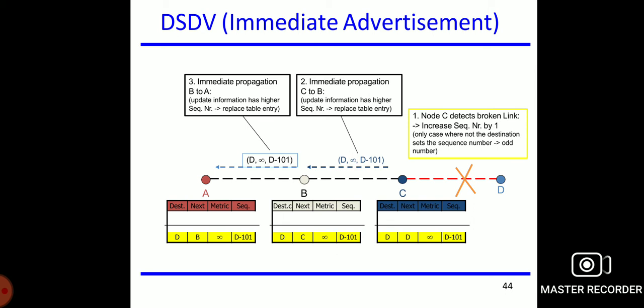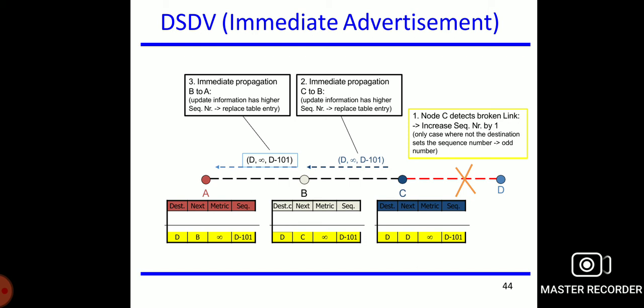Now, what is damping fluctuations? How to dampen them? Record the last and average settling time of every route in the separate routing tables, which gives stable data. The settling time is equal to the time between the arrival of the first route and the best route with a given sequence.